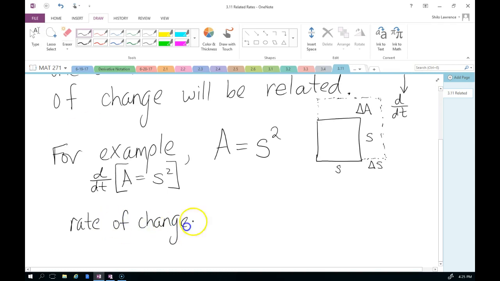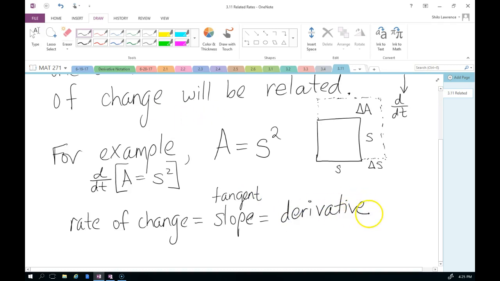And we have said that several times, along with slope, tangent slope specifically. So we're just going to be using derivatives here again, but more specifically derivative with respect to t, because they're going to be rates.